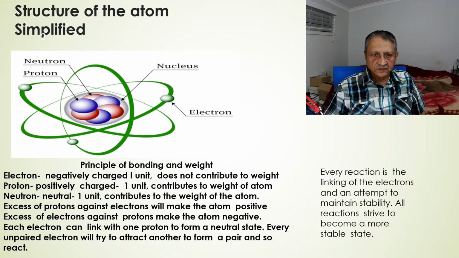The electrons will start initially 1 to 8. That's the maximum in that orbit. And then it goes to a bigger orbit from 9 to 16, and still bigger orbit 17 to 32. This way, the number of electrons can increase in an atom.